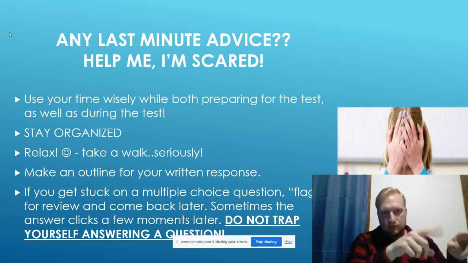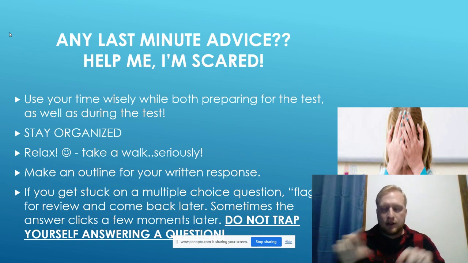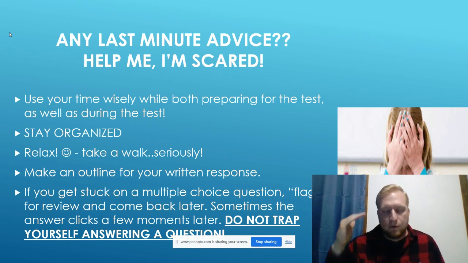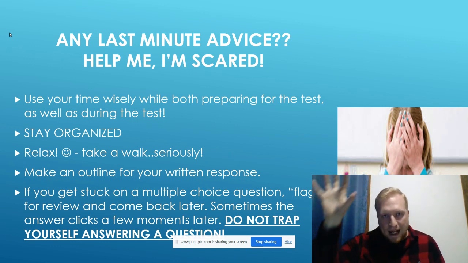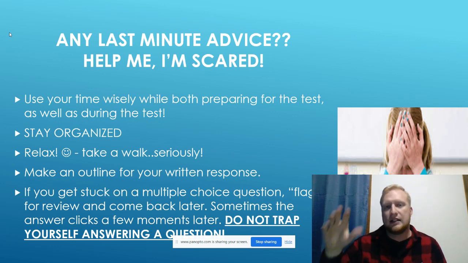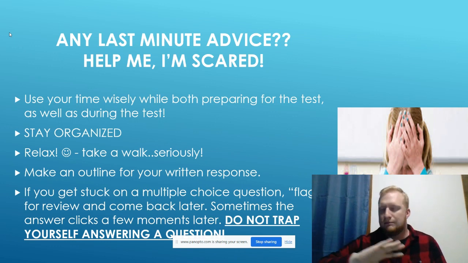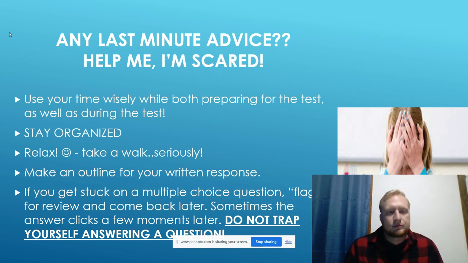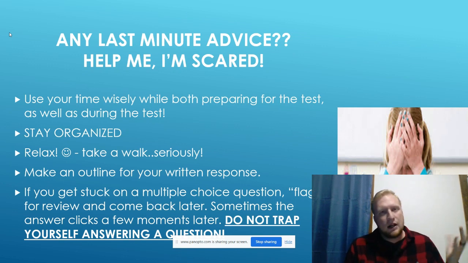Take those notes you just sketched down and start throwing them into your outline. Then before you even start typing, you know exactly what you're going to say in the order you're going to say it, and it's going to make your written response 10 times easier. Organization is the key.